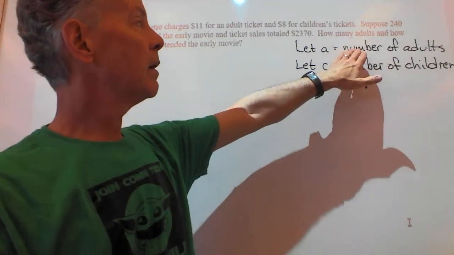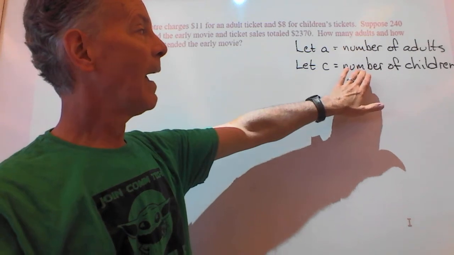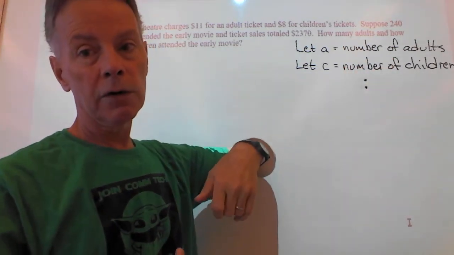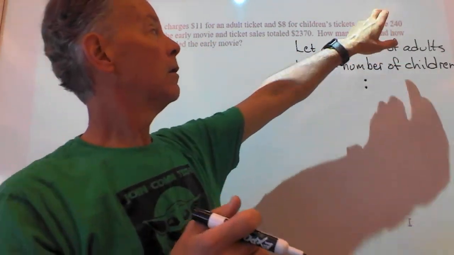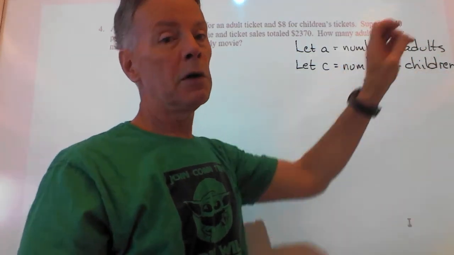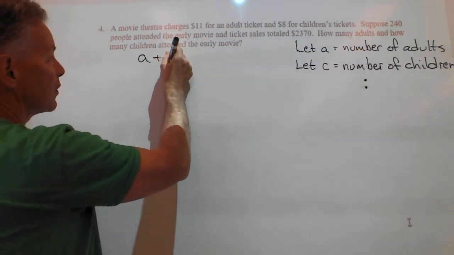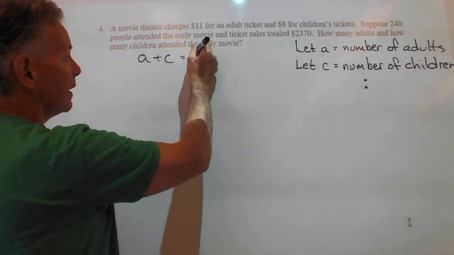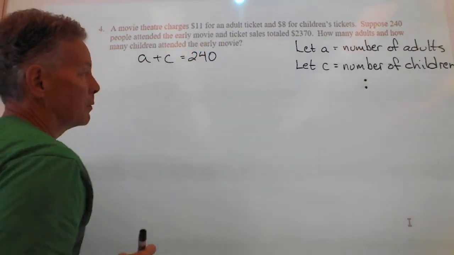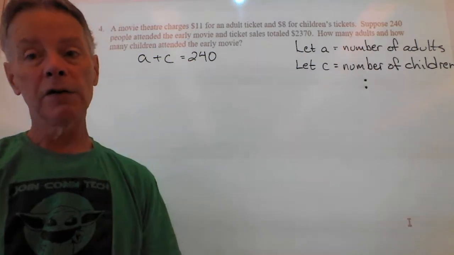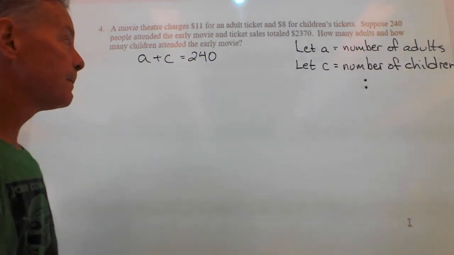Where we know that the number of adults added to the number of children, so if we put them all together, we know that we have 240 people. So the number of adults plus the number of children equals 240 people. That's our easy equation. Okay?